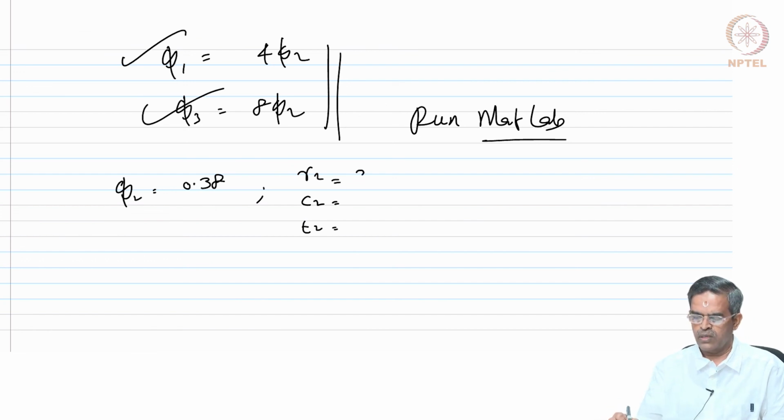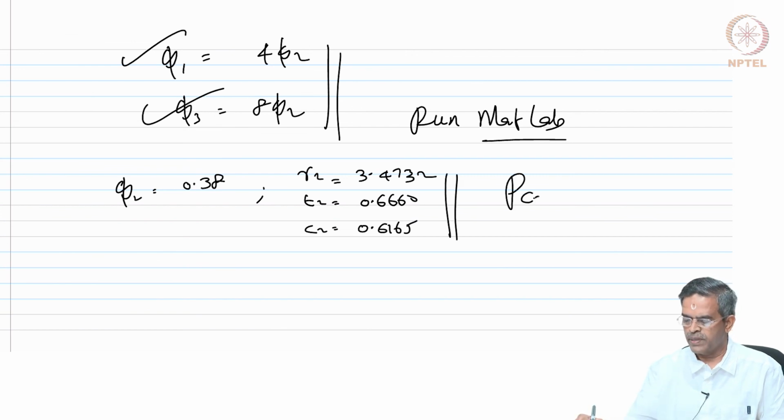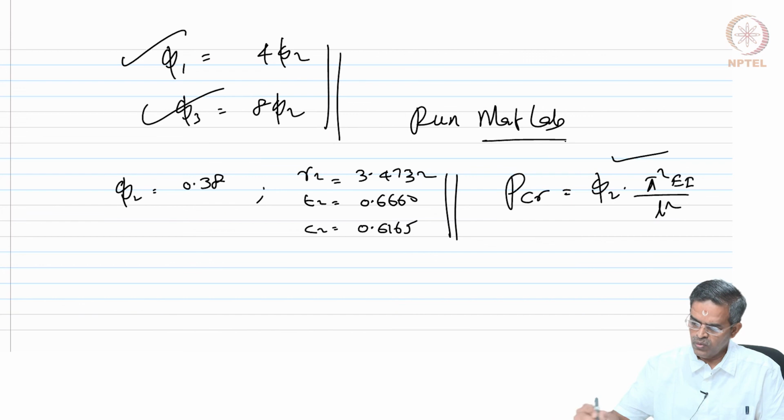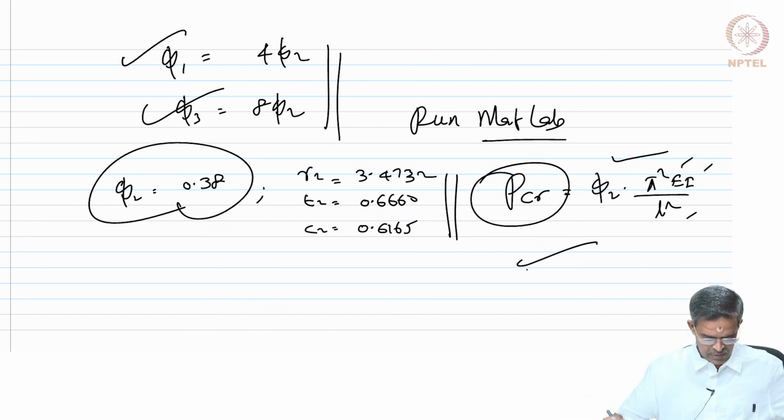I got R2 as 3.4732, C2 as 0.6660 and this is T2 and this is C2 which is 0.6165. So now I can say PCR is phi 2 times pi square EI by L square. I have phi 2. Okay. If I know E, I and L, I can find PC.